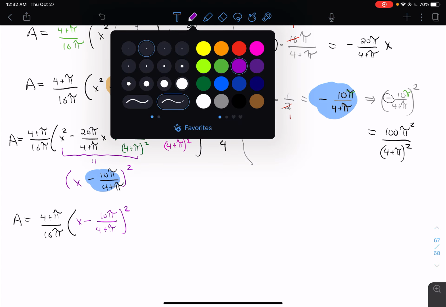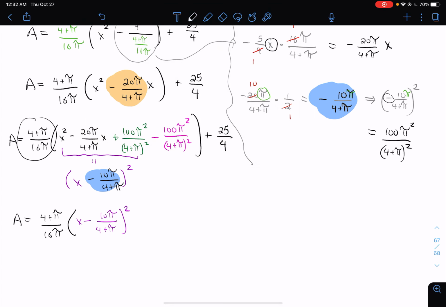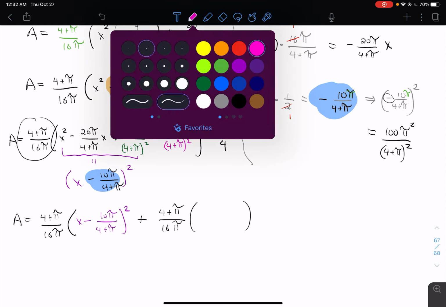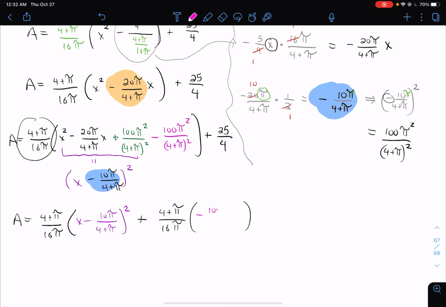Well, this thing is positive, so I need to put a positive sign. So plus 4 plus pi over 16 pi. And that fraction is multiplying that last term. It's multiplying the negative 100 pi squared over 4 plus pi, that quantity squared.